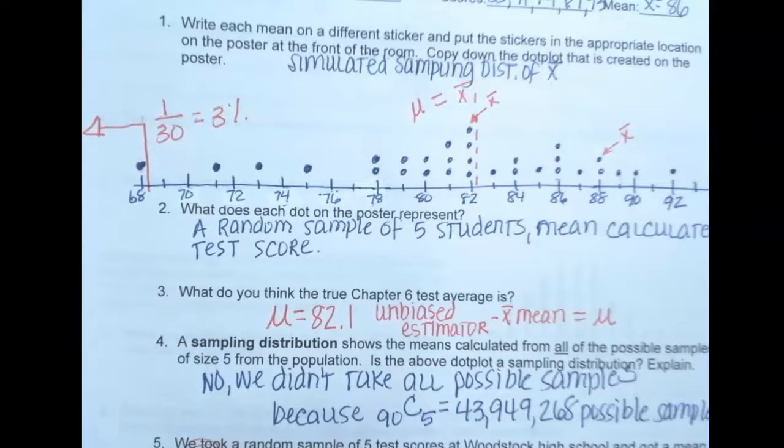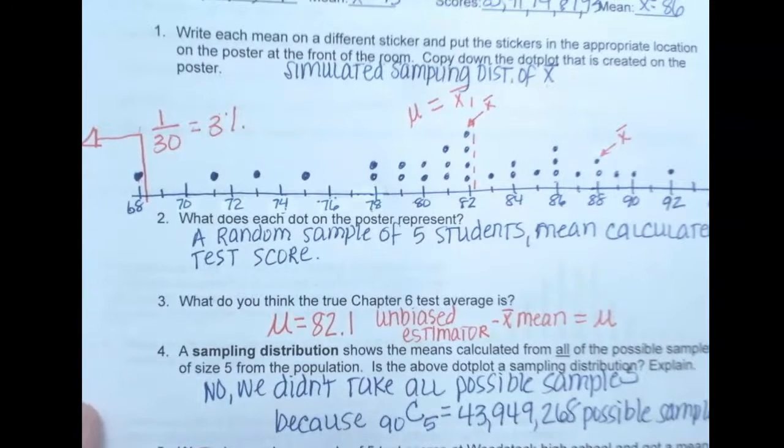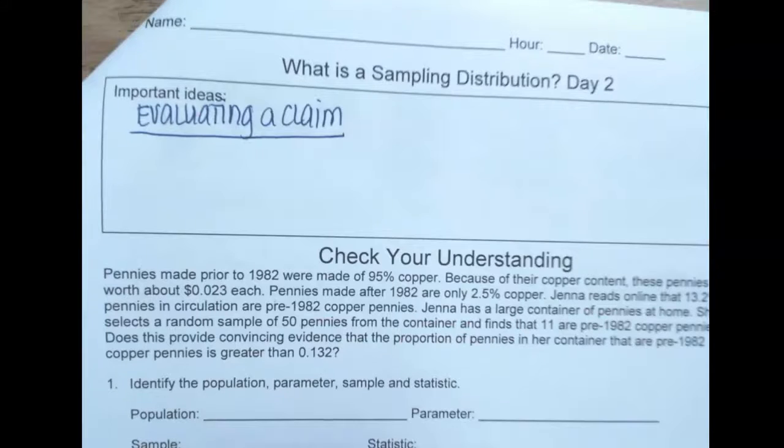All right, so let's summarize this down. Go ahead and flip on over to the back side. All right, so evaluating a claim is one of the major topics of this semester. And that's what we just did. We really evaluated the claim of Woodstock, whether or not they had the same test average for Chapter 6 as we did.